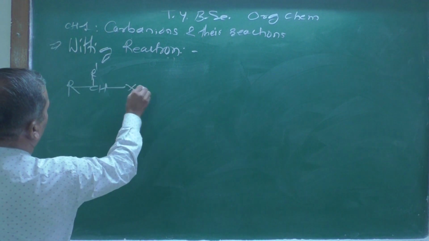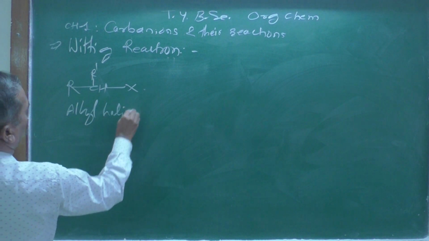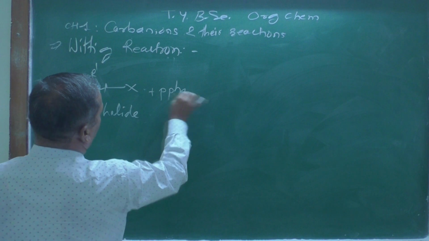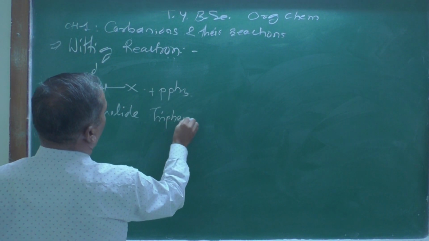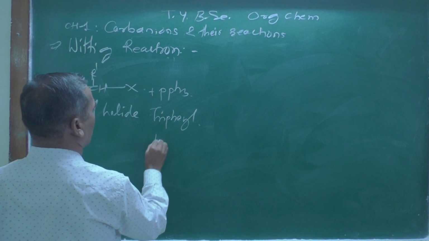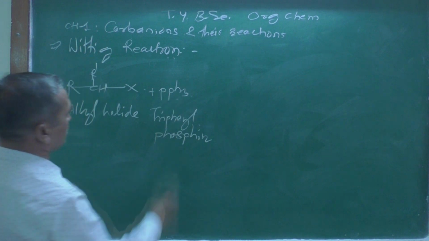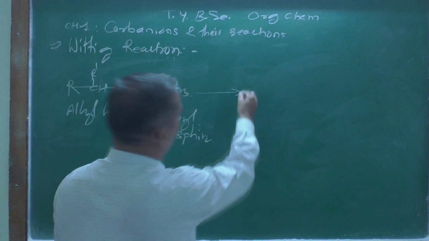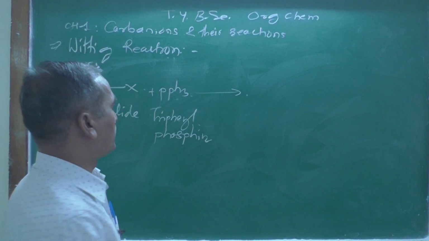This is the structure of the alkyl halide, and this alkyl halide is treated with PPh3. PPh3 is called triphenylphosphine. This is the name of this compound, triphenylphosphine, and the resulting compound will be treated in step number one.